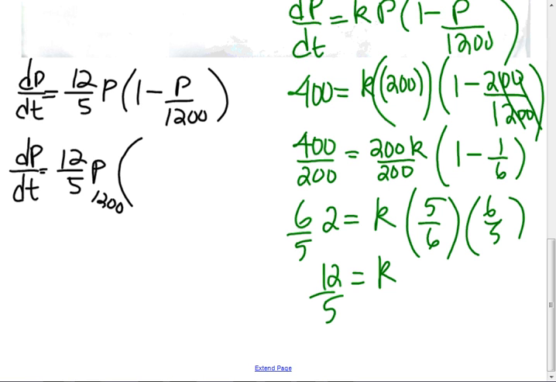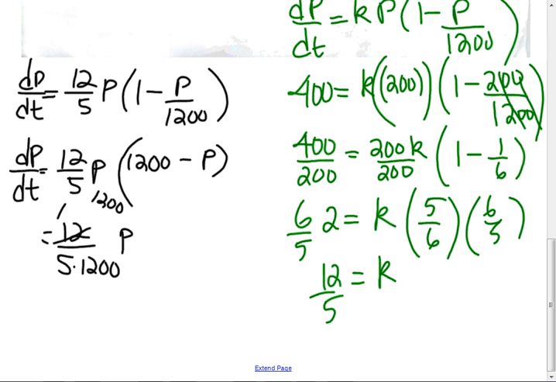Then what has to go here to make 1? 1,200 minus P. So it's 12 over 5 times 1,200 minus P, over 100, so it's 1 over 500.